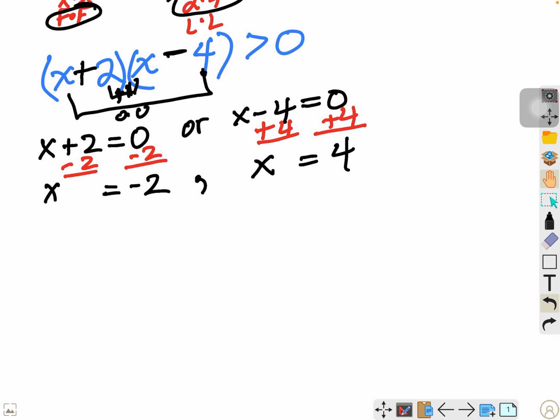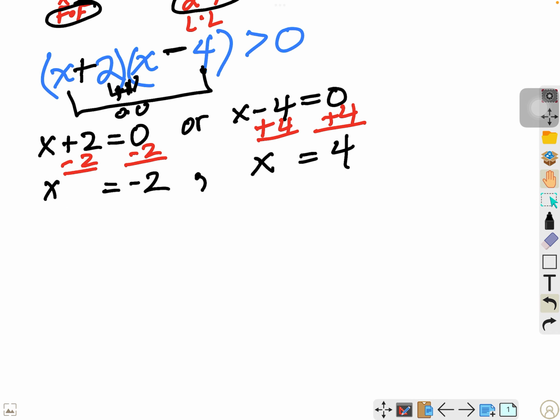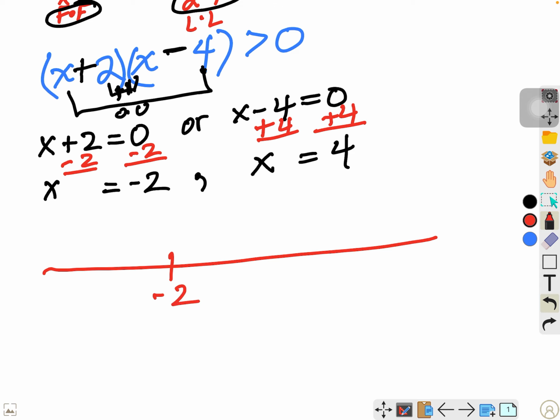Since I have 2 critical values, I'm going to divide my number line into 3 intervals. Negative 2 and positive 4. When we analyze our inequality, there is no equal to present, so the endpoints will be open.